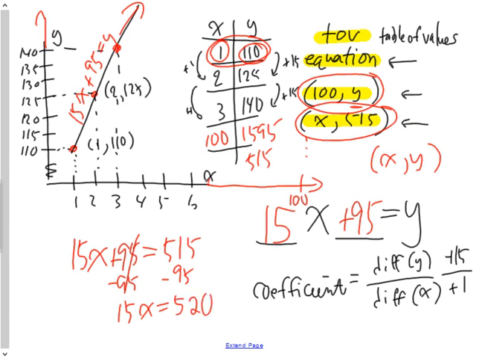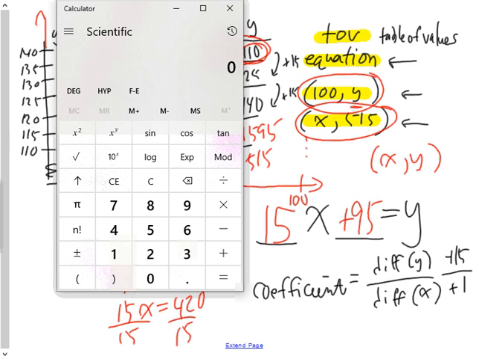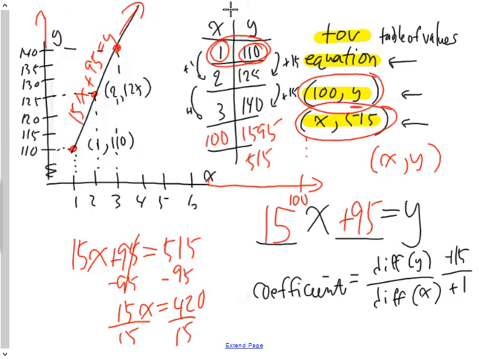Sorry, 420, not 520. Divide both sides by 15, and 420 divided by 15 is 28. So therefore, x will equal 28. When y is 515, the corresponding x value will be 28.